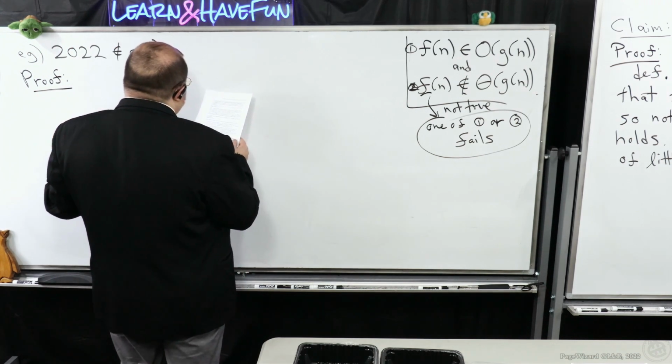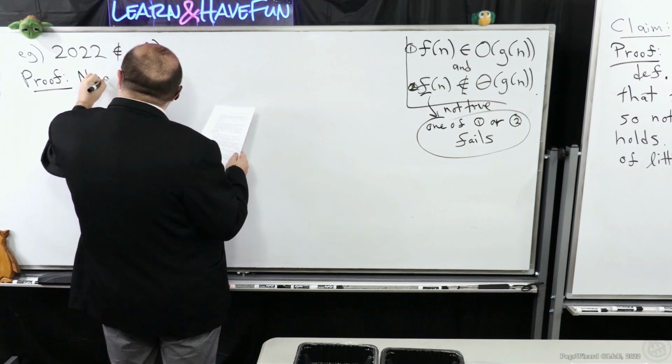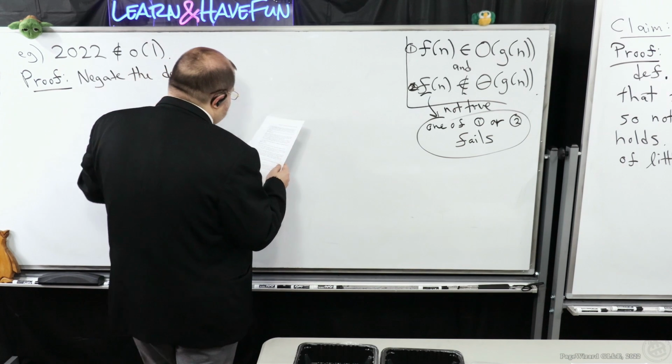So what I'm going to do is negate the definition. Negate the first definition that I gave you, but I'll just call it the definition because that was the first one I gave you.